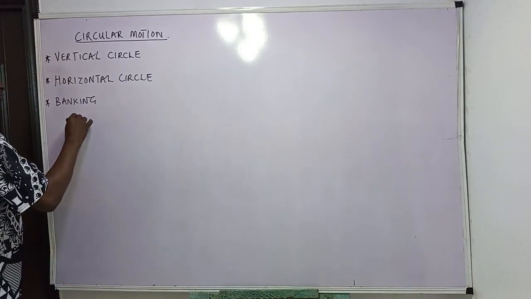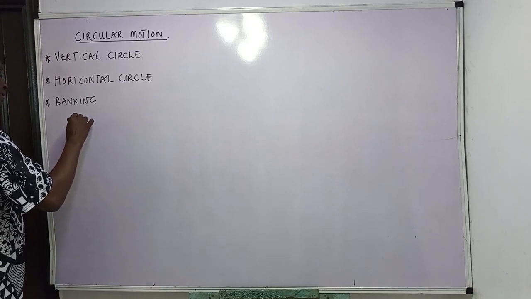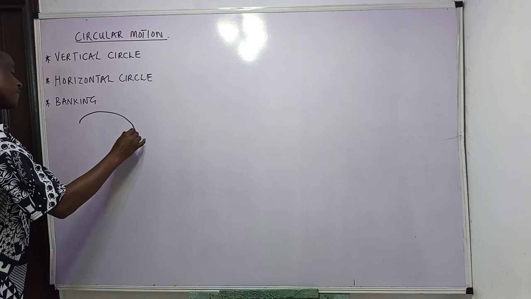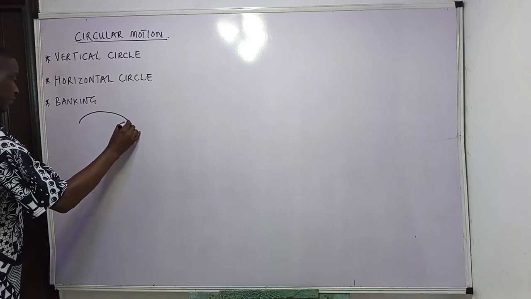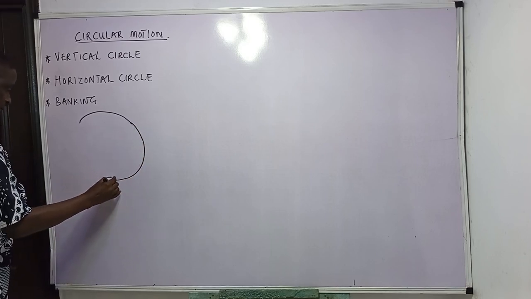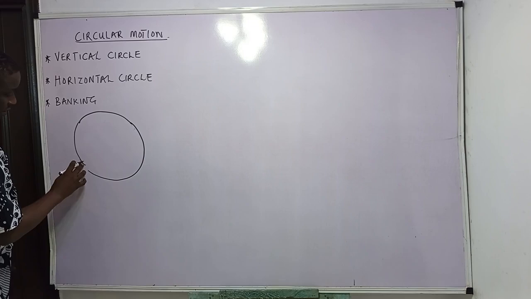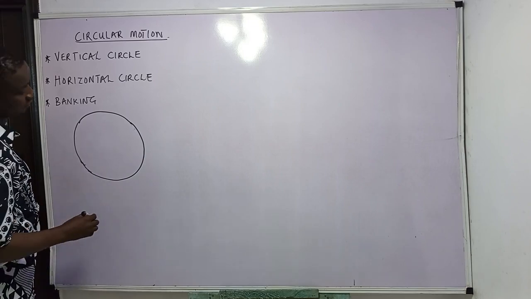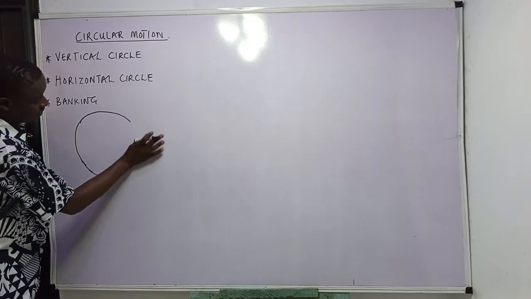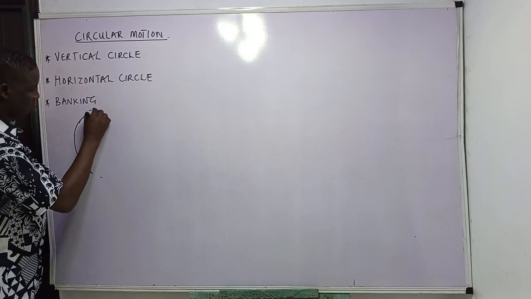Now, let's draw a diagram. This is a vertical circle. This is an example of a vertical circle.